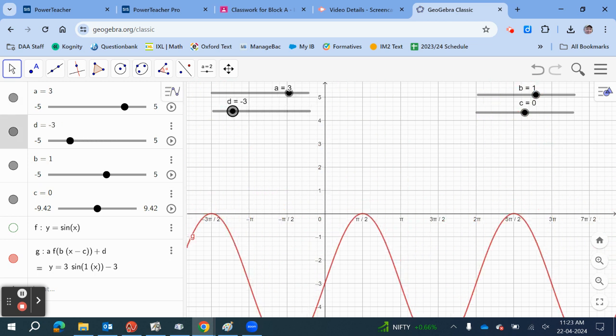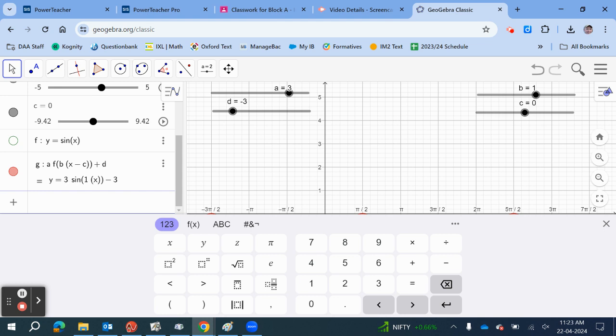To help us with D, what we want to sketch is the principal axis.